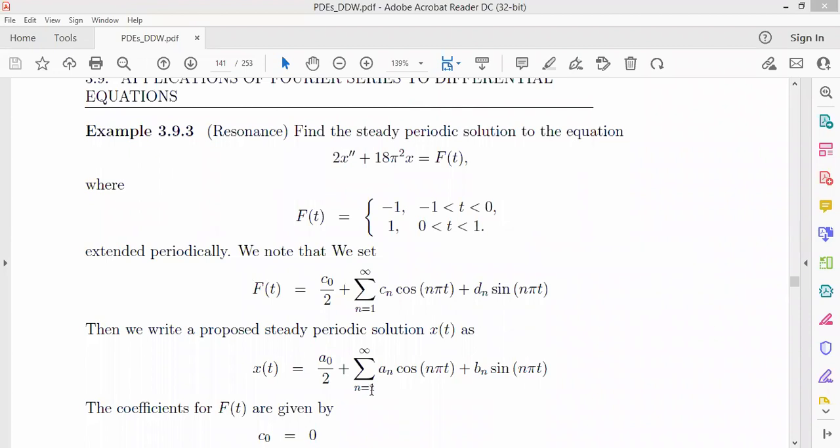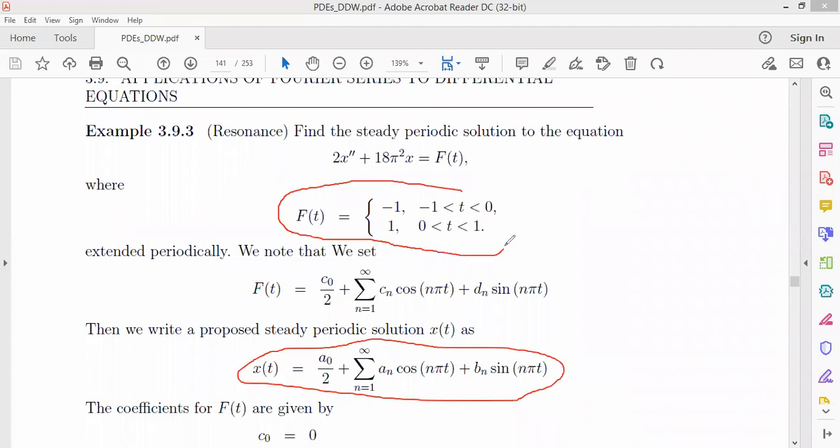Now, your confusion, I think if I try to understand your inquiry, is based on this. So we have xt. This is the generic form of the solution of xt. Why? This is based on the nature of the solution that is going to be derived for ft. You can see this is a Fourier series expansion.